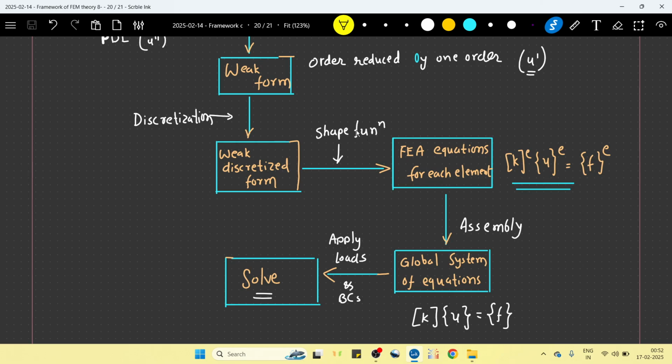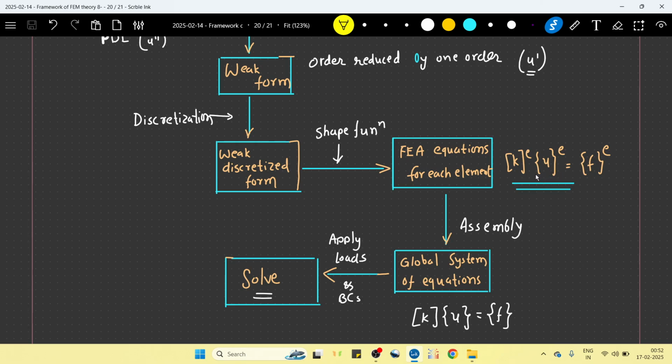If you remember, we said we will assume the trial function for the solution using shape functions.